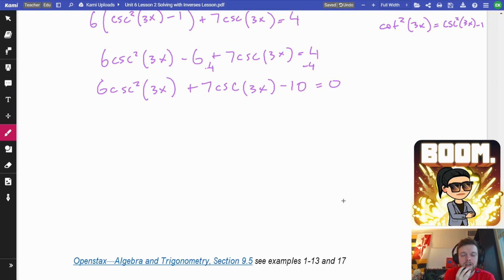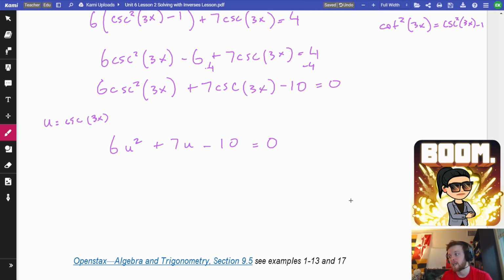All right, we need to factor. Oh, you know what I want to do? I'm going to do u substitution real quick, just to make it look a little bit cleaner. This is totally optional. I'm going to set u equal to cosecant 3x, because I'm going to square the u. 6u squared plus 7u minus 10 equals 0.